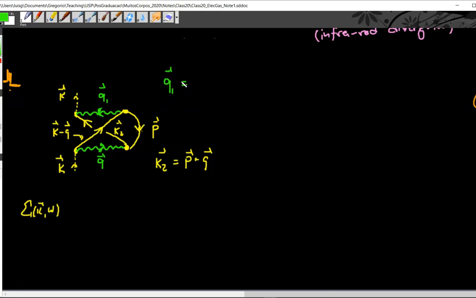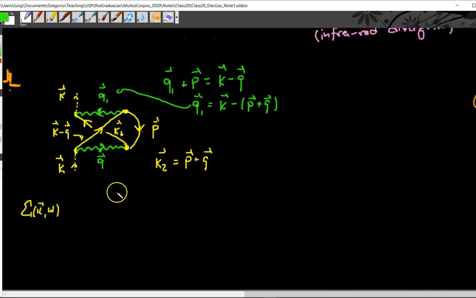So q1 plus p and q are leaving, which should be equal to what's going in, which is k minus q. So q1 would definitely not be equal to q, but would be k minus p plus q. Which makes sense, since if I add k1 with k2, I should get k, and that's exactly what's going on. So this is correct.